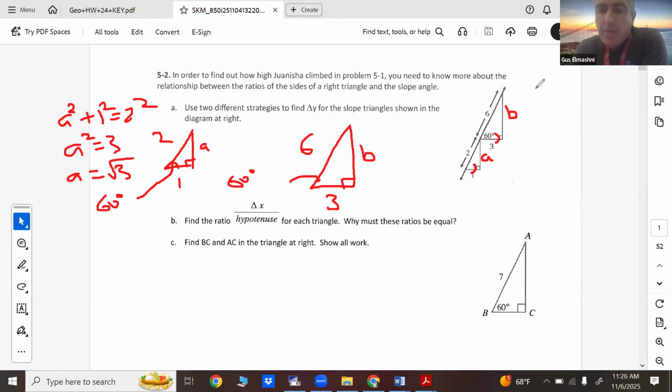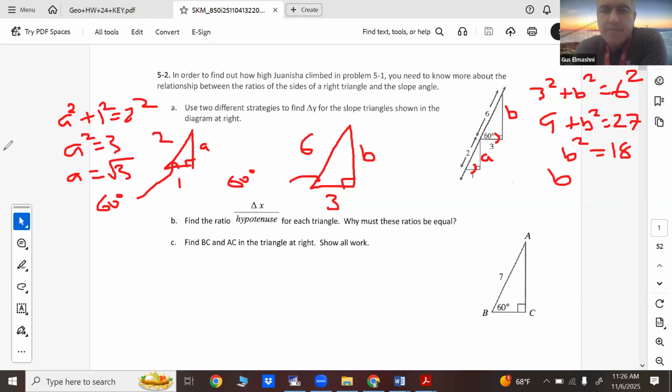So if I work it out anyway, I should get 3 squared plus b squared equals 6 squared. You can also use ratios from the previous triangle, but we'll just do Pythagorean theorem again. It's a little bit larger numbers, right? B squared equals what? My apologies.